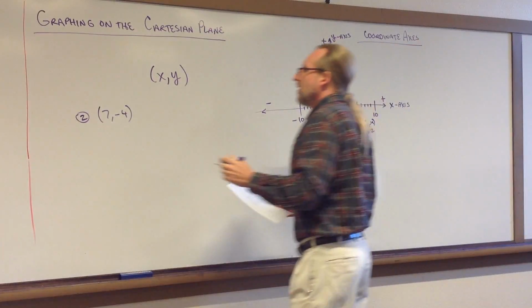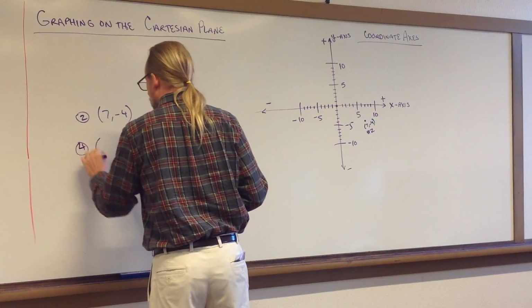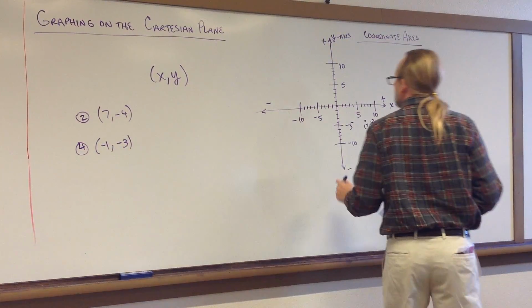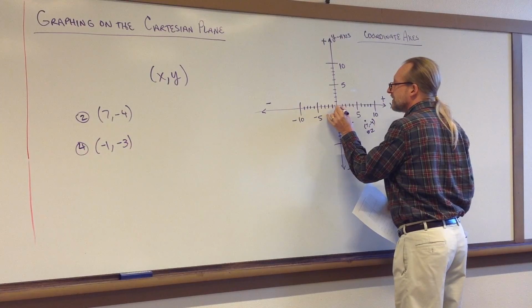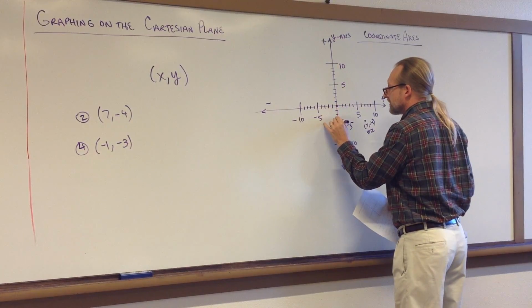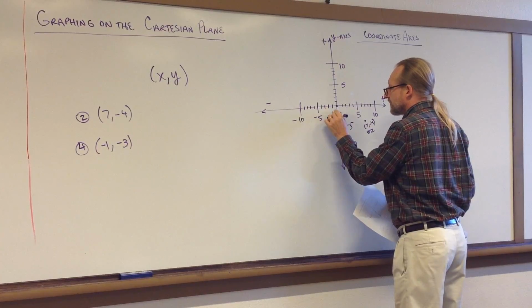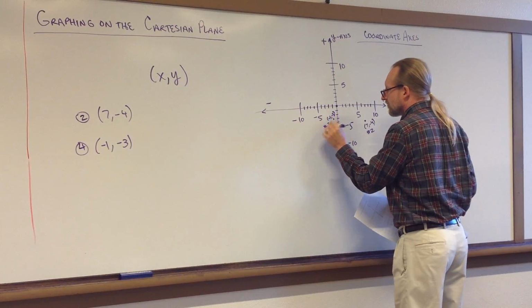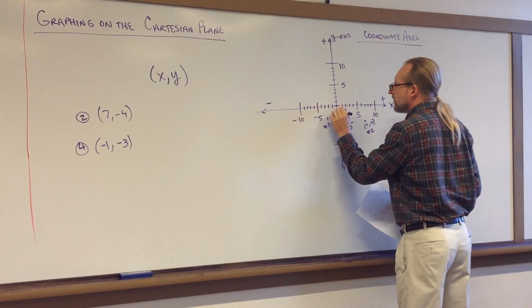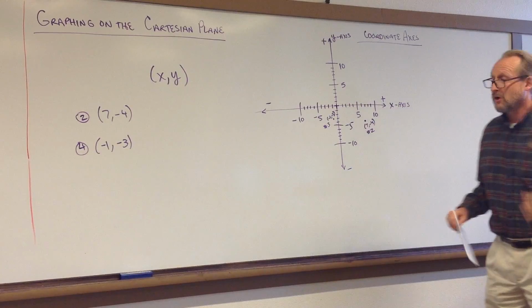Problem 4 is the point negative 1, negative 3. So again, the horizontal position is given first, negative 1, and then the vertical position is given second, negative 3, and that's problem number 3. Now this point in the middle is often called the origin, and its coordinates are 0, 0.